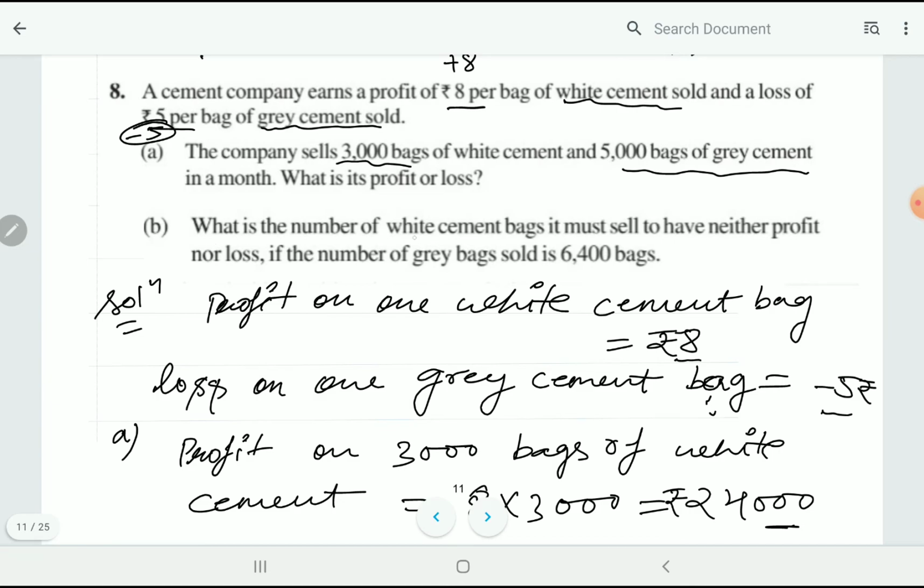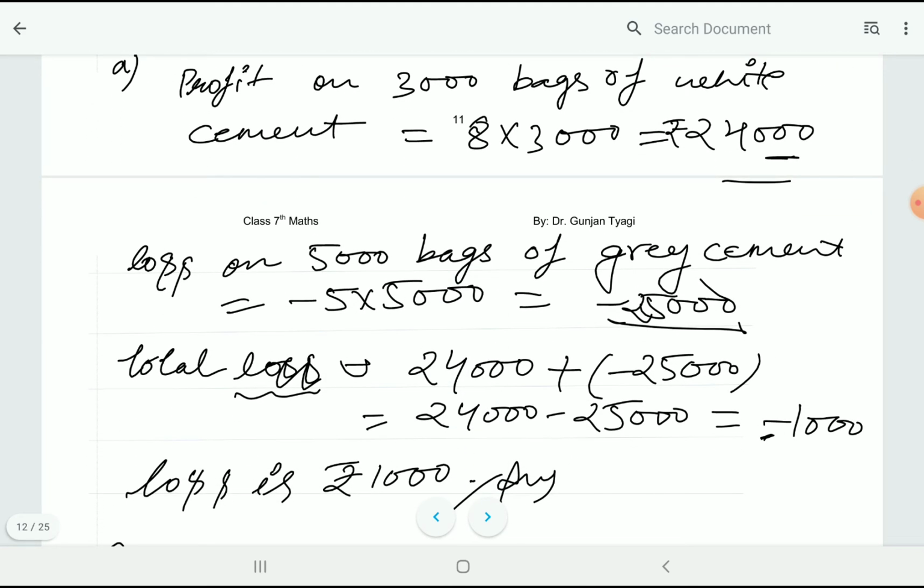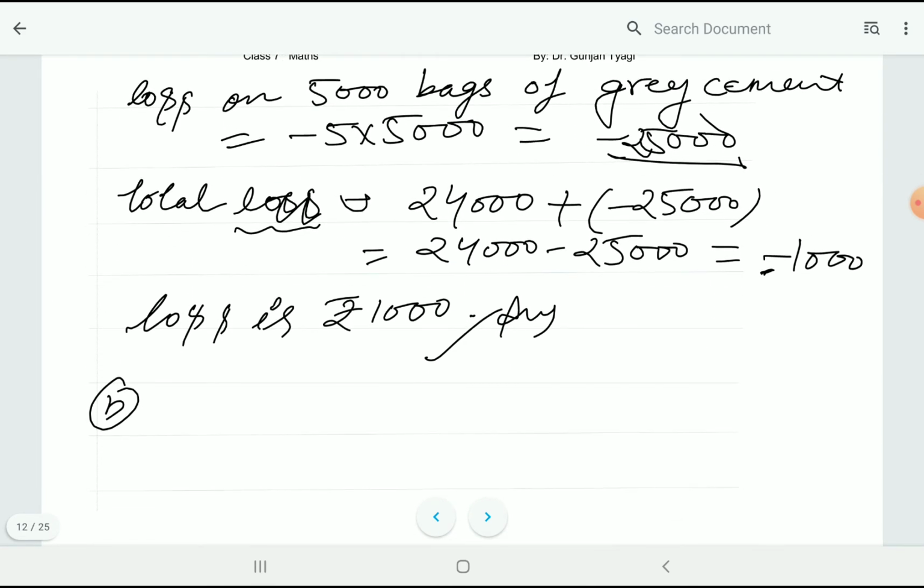What is the number of white cement bags that must be sold to have neither loss nor profit if the number of grey bags sold is 6,400? So first of all we will calculate for grey bags.